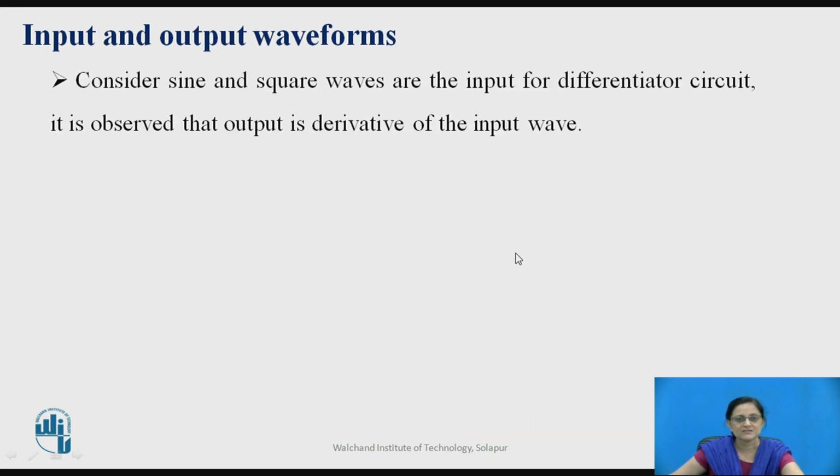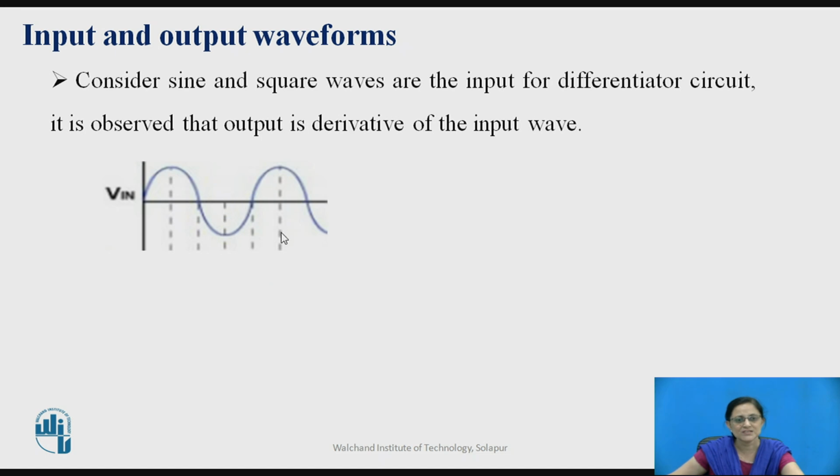Now let us check the waveforms obtained for the differentiator circuit. You can apply the input as a sine wave as well as a square wave, and let us check the output for the differentiator circuit. We know that the output is the differentiation of the input signal.